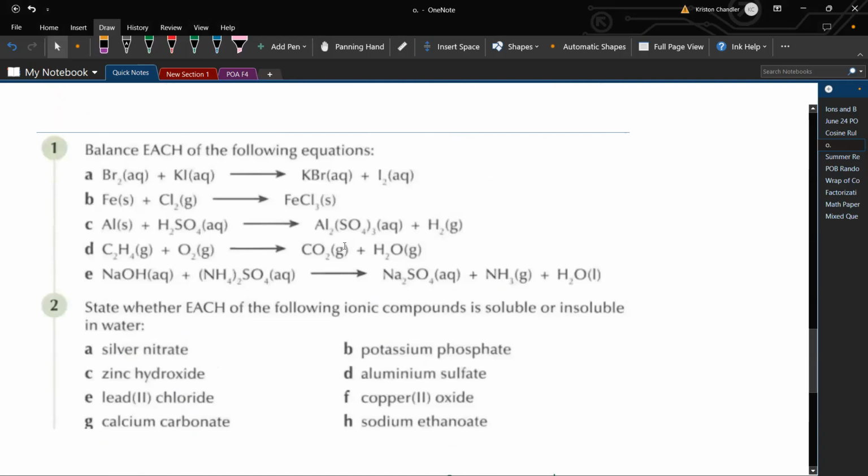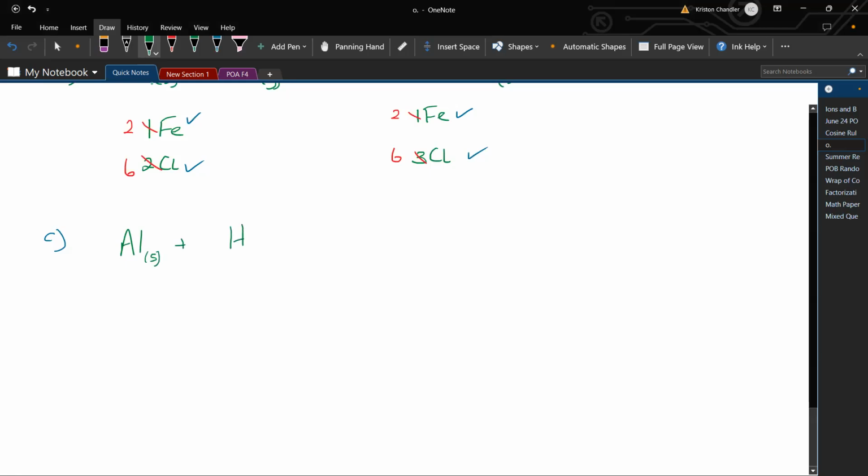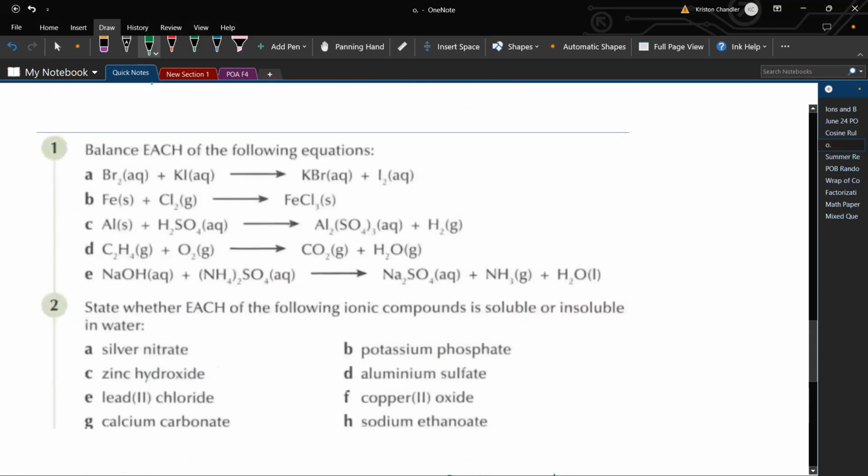Very good. C, we have aluminum and sulfuric acid, aqueous.